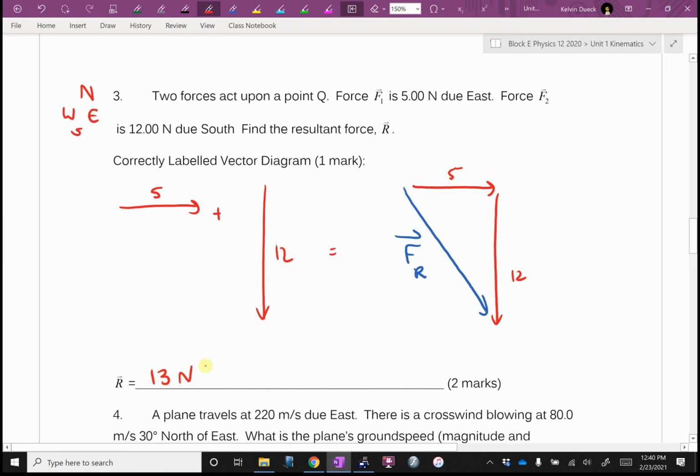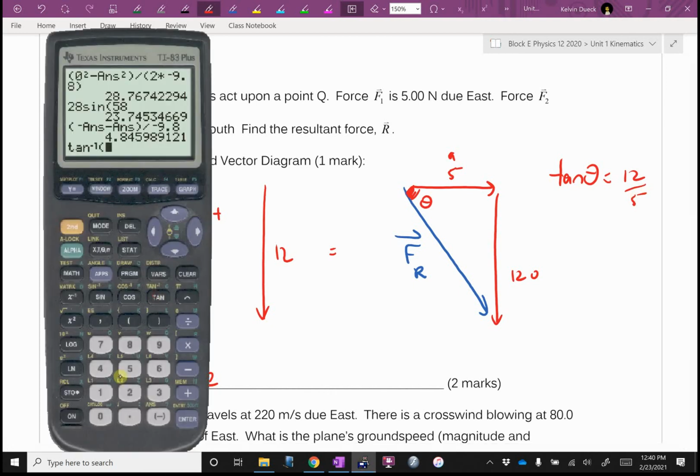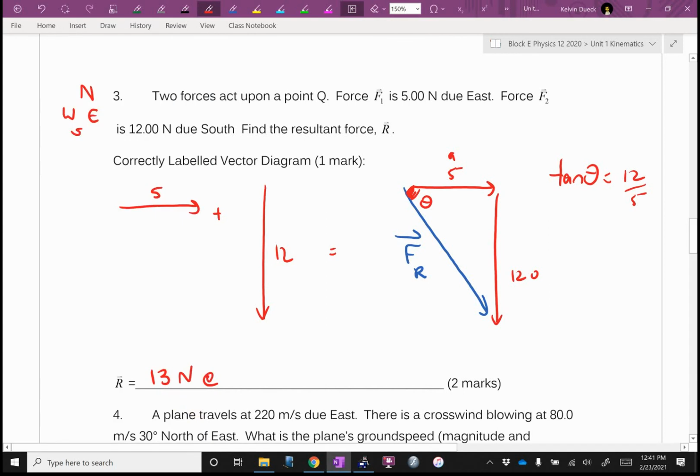Yeah. And then at theta, tan theta equals 12 over 5. Uh, 67.4 degrees. North of south, east of west, what of what?